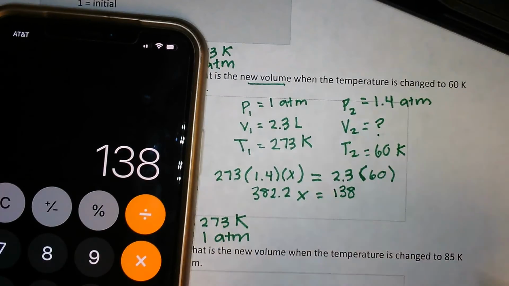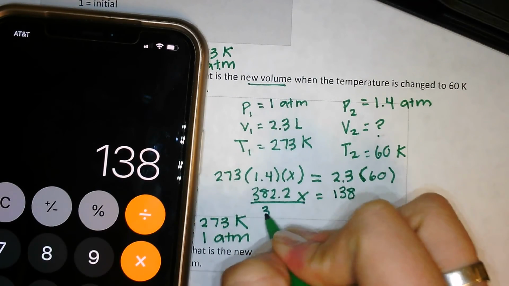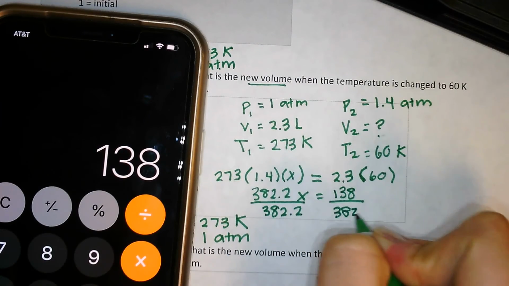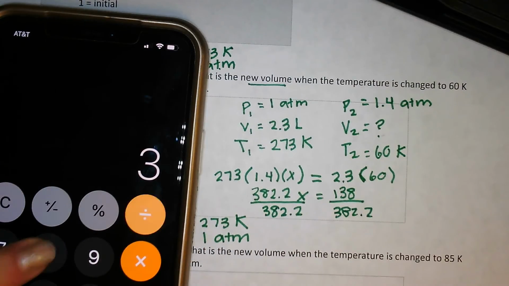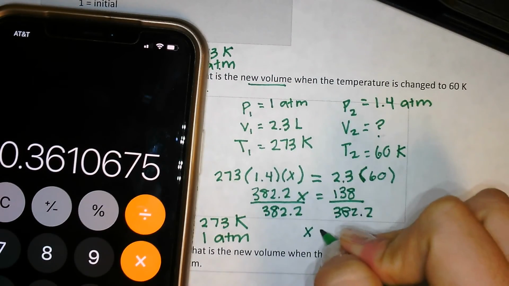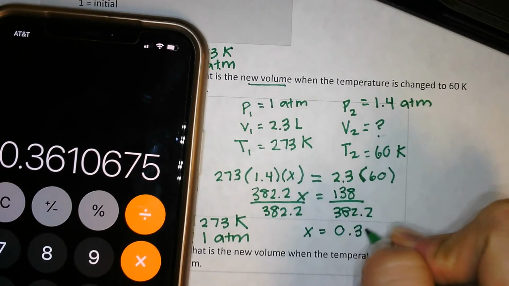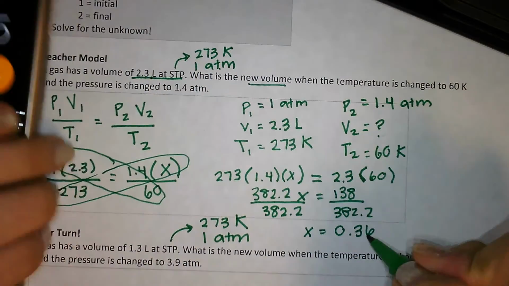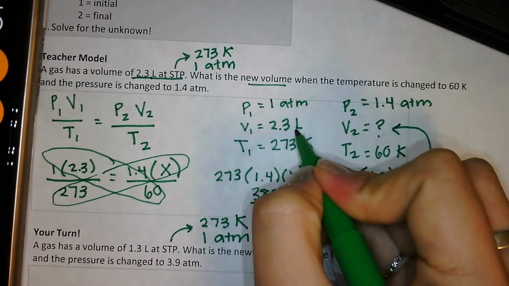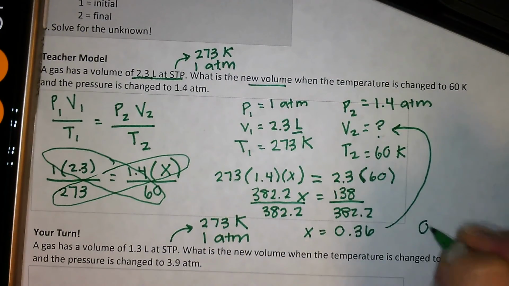Get x by itself, so divide both sides by 382.2. And now I have that x is equal to 0.36 approximately. Because we were solving for the volume and we were working with liters, my answer is 0.36 liters.